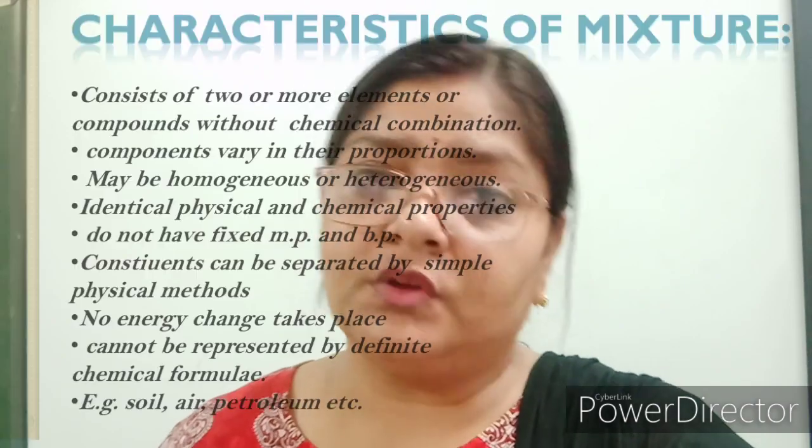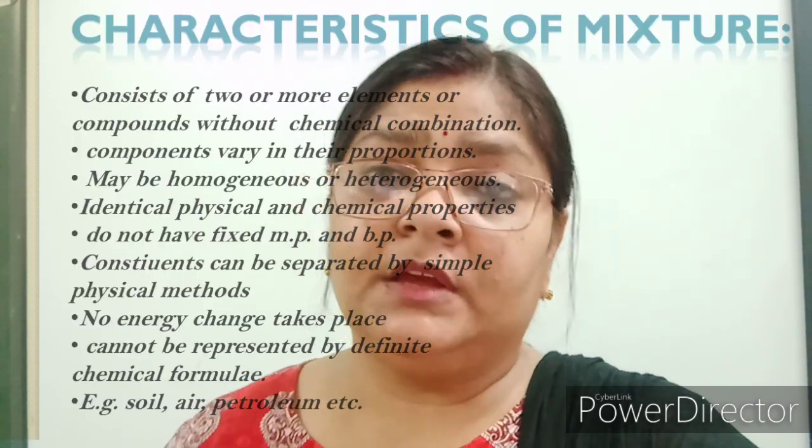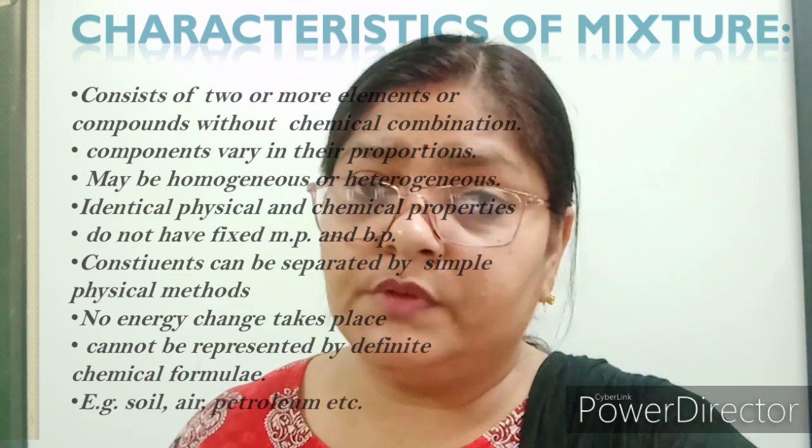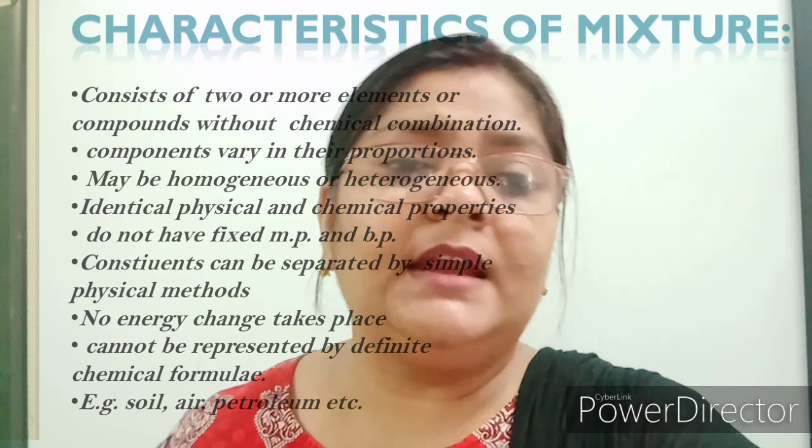The mixture may be homogeneous or heterogeneous. The composition of mixtures may vary. So I can put 4 spoons of sugar, you can put 2 spoons of sugar. So that way it can vary, and therefore the proportions will also vary.